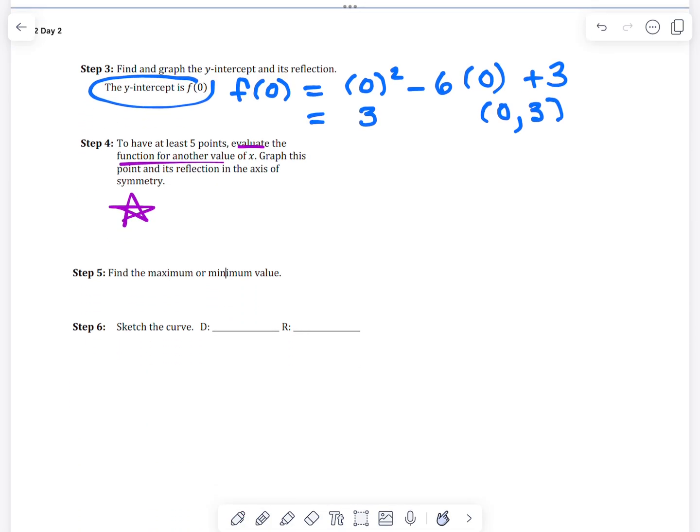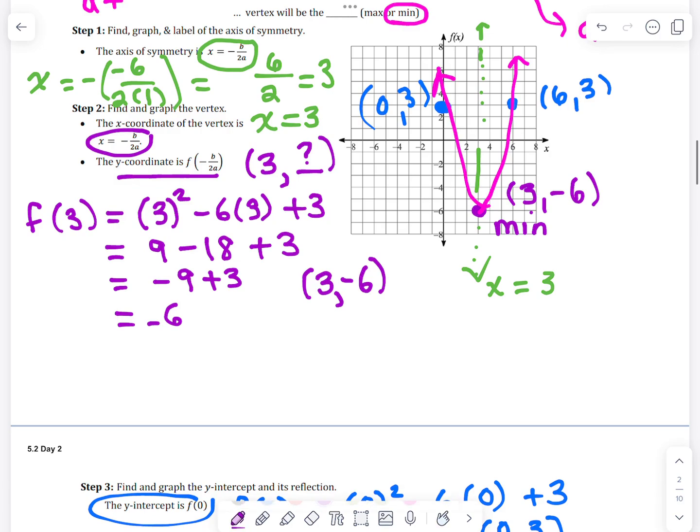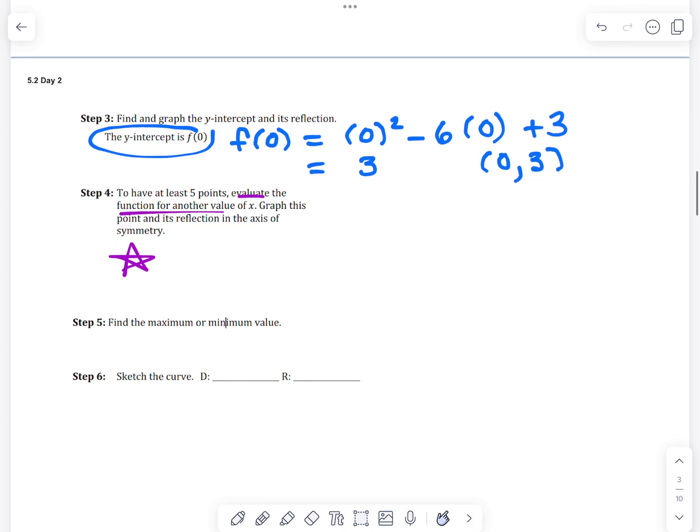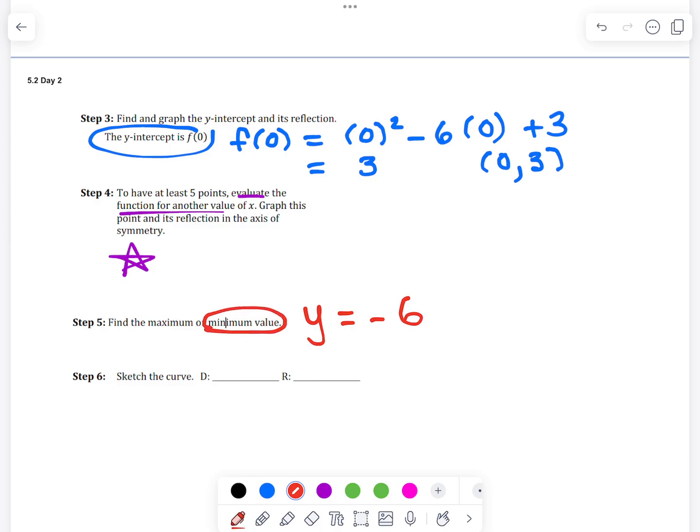Step 5 says find the maximum or minimum value. So that's going to be that y value. So if we look over here, this is our y value. So that's going to be our minimum. Lastly, we identify the domain and the range.